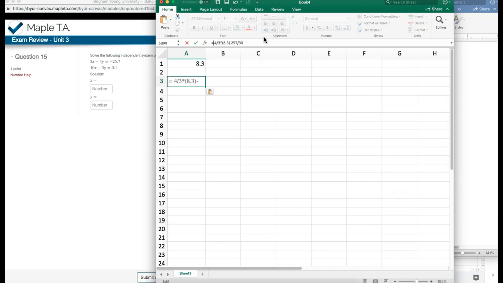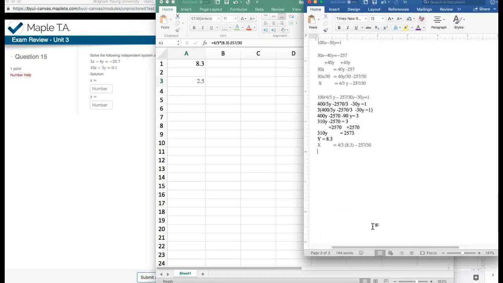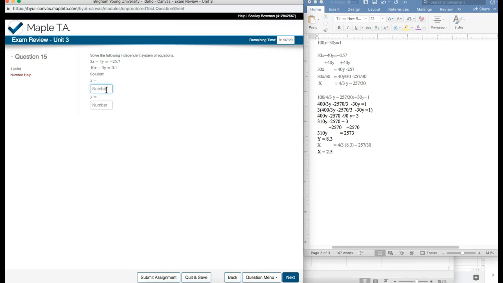Yep, there's some spaces when we copied it over from Word. There we go. And 2.5, again, when I worked with the fractions, that one had to be simplified or rounded, and this one doesn't. It is just exactly x equals 2.5 because we eliminated all fractions and decimals when we worked on this. So we'll just put it in as 2.5 and 8.3.